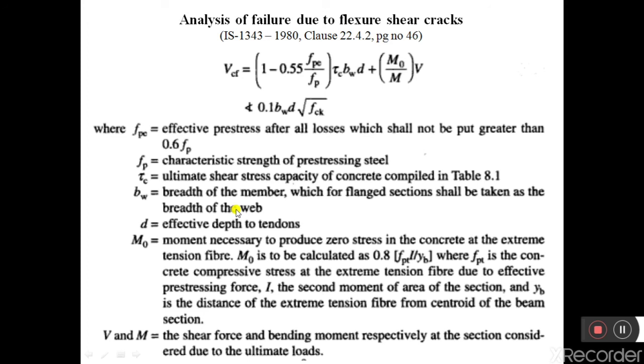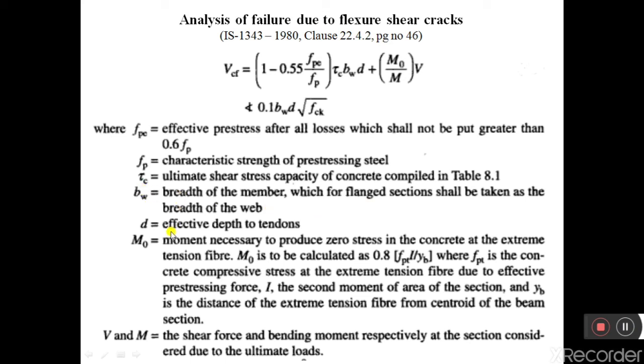BW is the width or breadth of the member, which for a flanged section shall be taken as the breadth of the web. So remember this condition: when we need to calculate the shear resistance of a flanged section under flexural shear condition, we should consider the breadth of the web as BW.